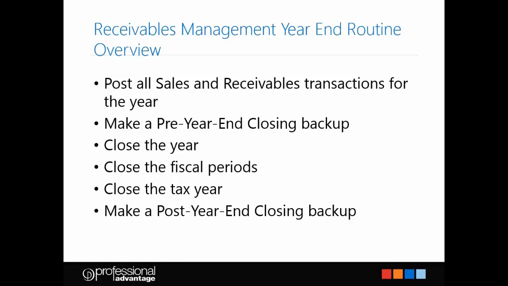Always remember, the critical thing in the year-end process, regardless of subledger or GL, is backup. So do a pre-year-end close backup, then we can close the year, and we'll need to close the tax year as well. After all of that's done, we recommend you make another backup for the record.